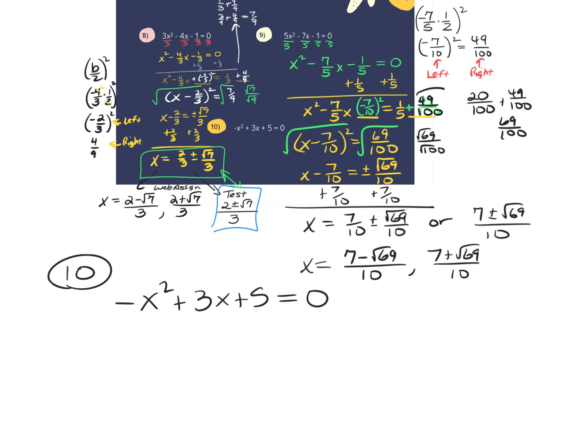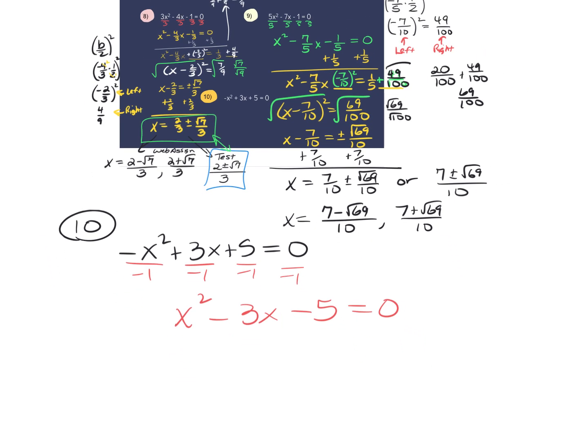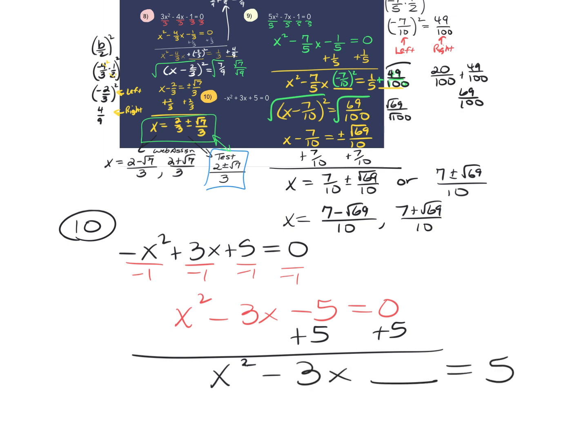Again, I need a positive 1 in front of that x squared, so I need to divide everything by negative 1. So now it becomes positive x squared minus 3x minus 5 equals 0. I need to move the constant to the other side. X squared minus 3x, blank space, and then the 5, blank space.